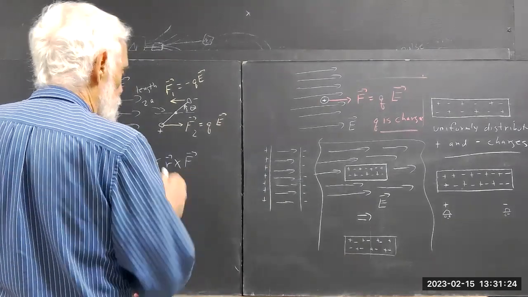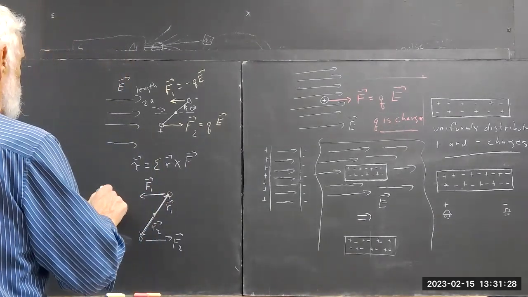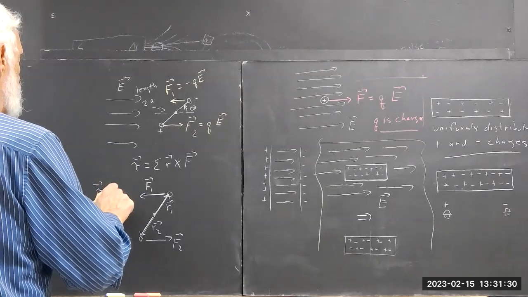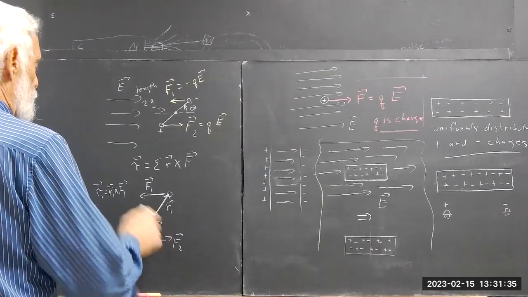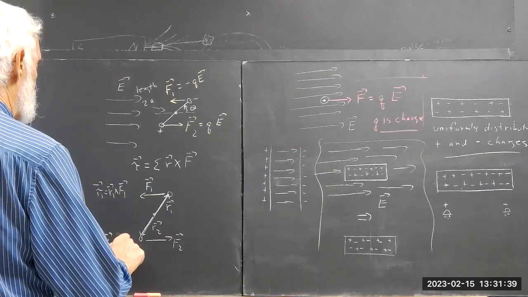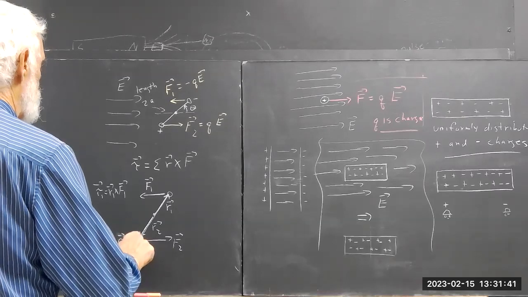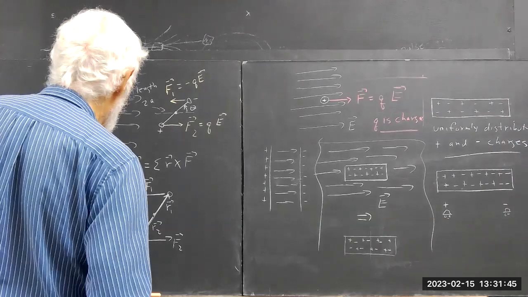So the magnitude of your torque, without writing this out: first torque is R1 cross F1, second torque is R2 cross F2.